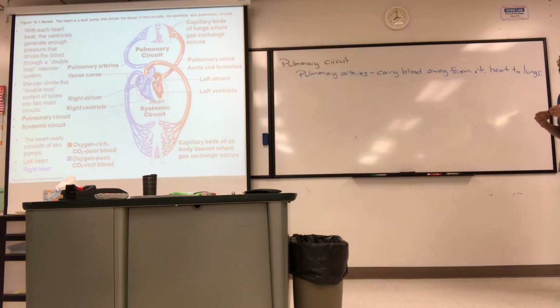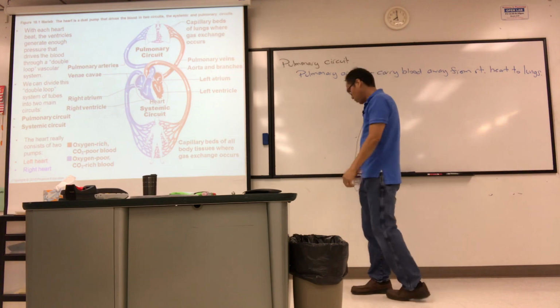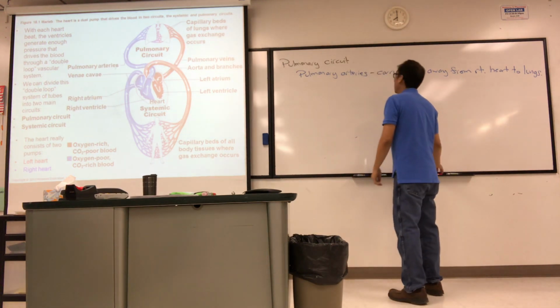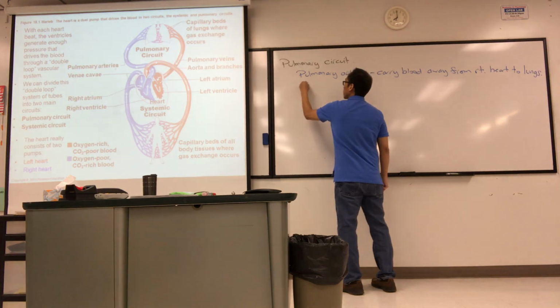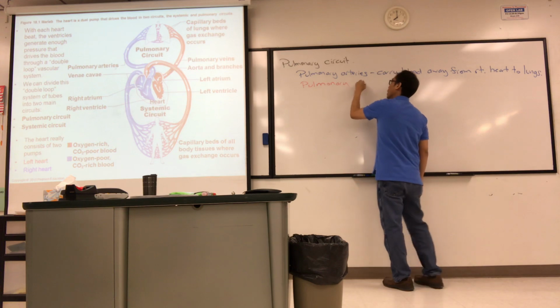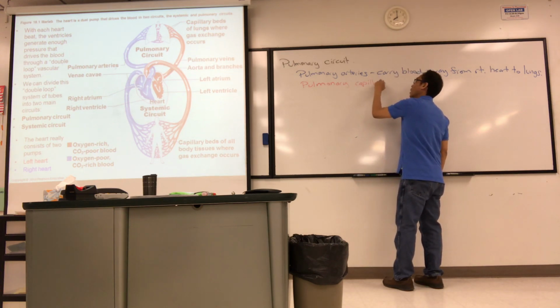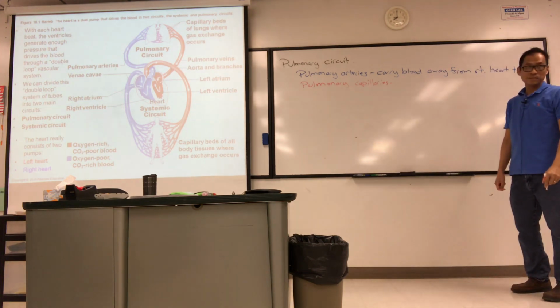As blood filters down to the pulmonary capillaries, you can get gas exchange. So that's the only way to get oxygen into this deoxygenated blood. That's at the pulmonary capillaries. This is where the blood picks up oxygen.